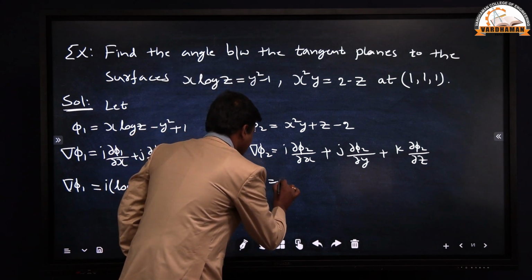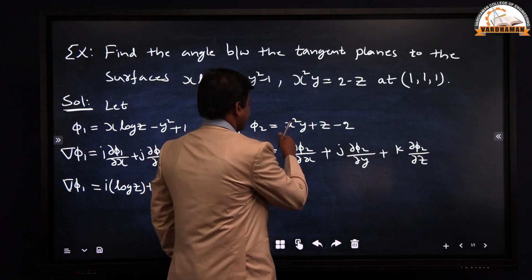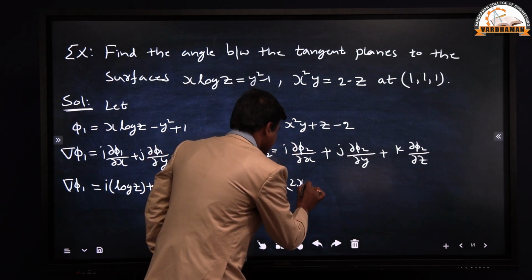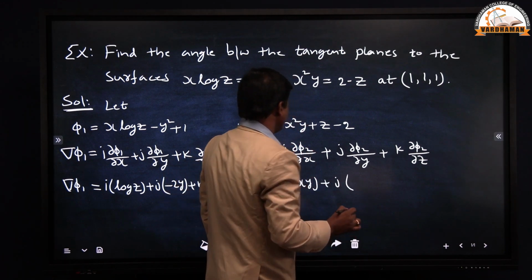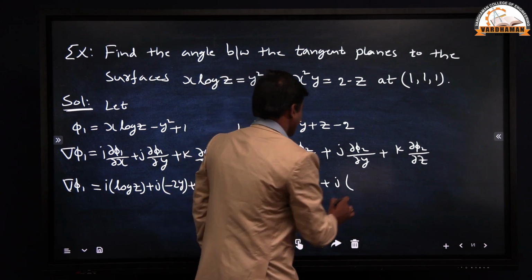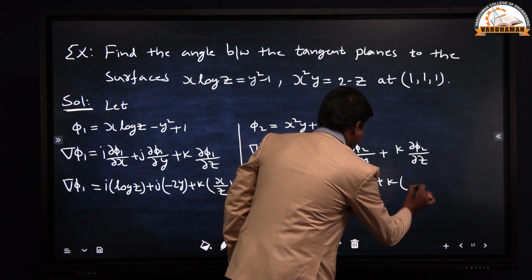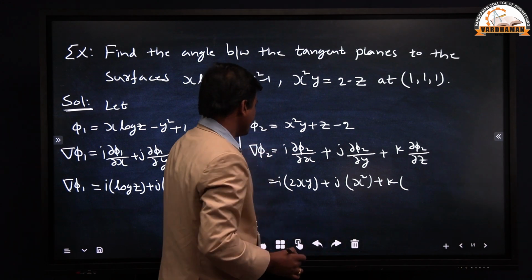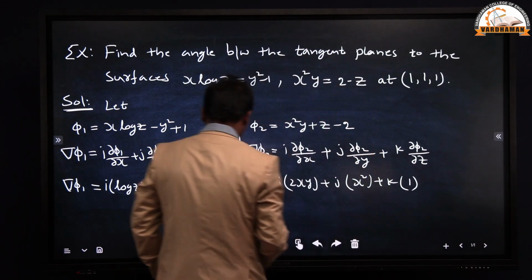This equal to i into dou pi 2 by dou x, 2xy plus j into dou pi 2 by dou y, x square plus k into dou pi 2 by dou z is 1.